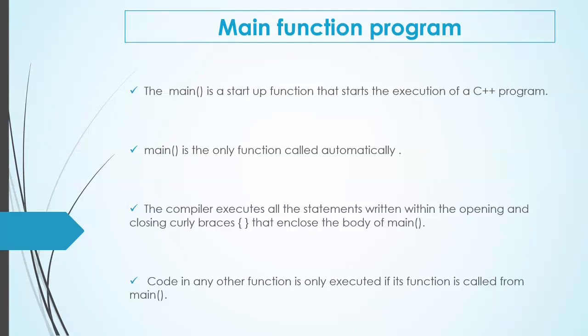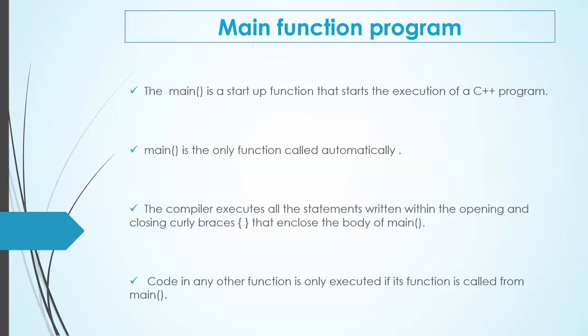The compiler executes all the statements written within the opening and closing curly braces that enclose the body of main function. Code in any other functions is only executed if its function is called from main function.